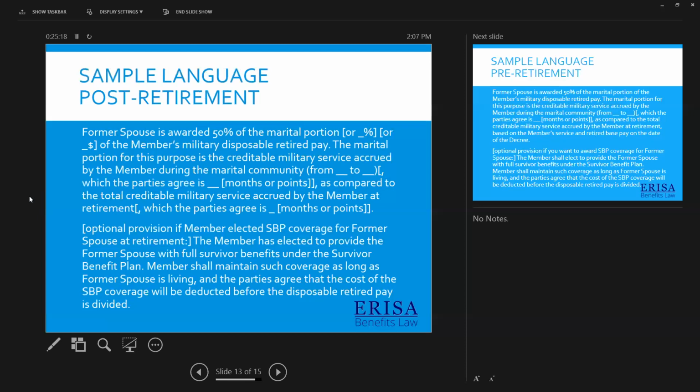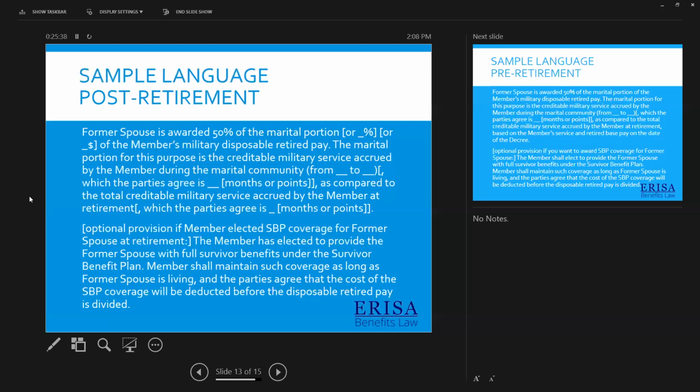And I can't tell you how many times I get referrals to draft the order, and then we start arguing over what was marital and what was not marital and how much service was accrued during marriage. It just makes it so much harder. Obviously, it makes my job harder, but it also makes it harder for the parties if you don't resolve this beforehand.